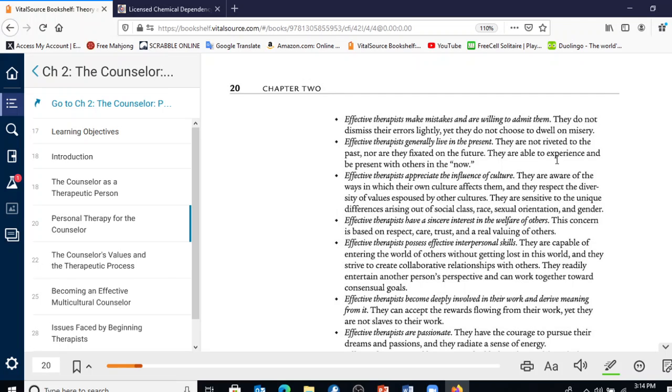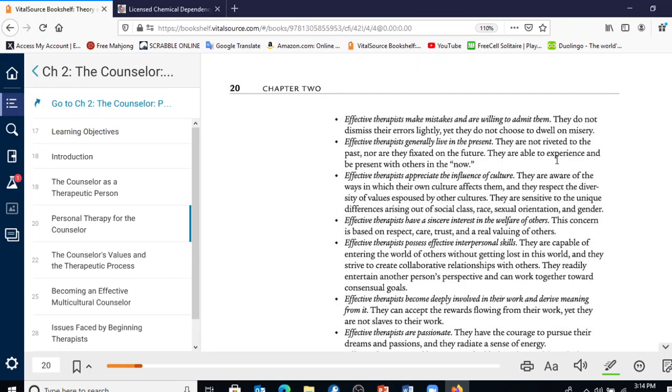Taking these counseling courses or going to work in the counseling field is a poor substitute for treatment if you need treatment. Treatment's what you should be getting. You can accept the rewards coming from your work, but you don't want to become a slave to it.